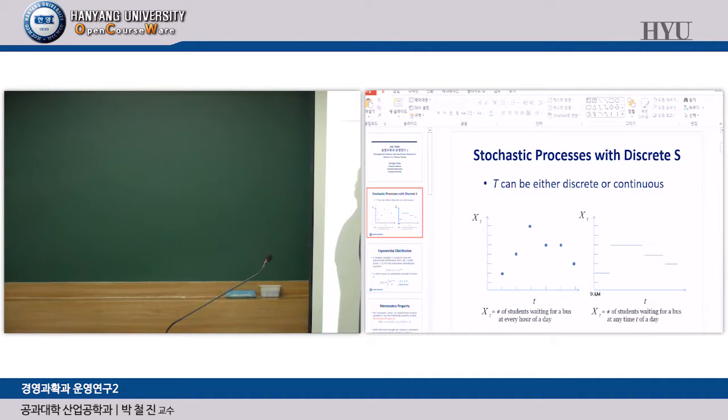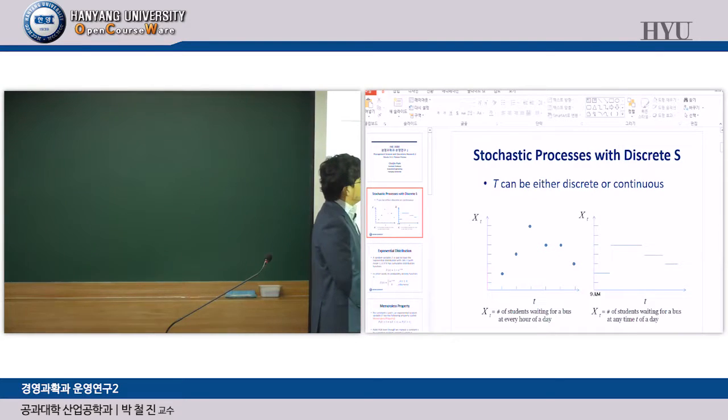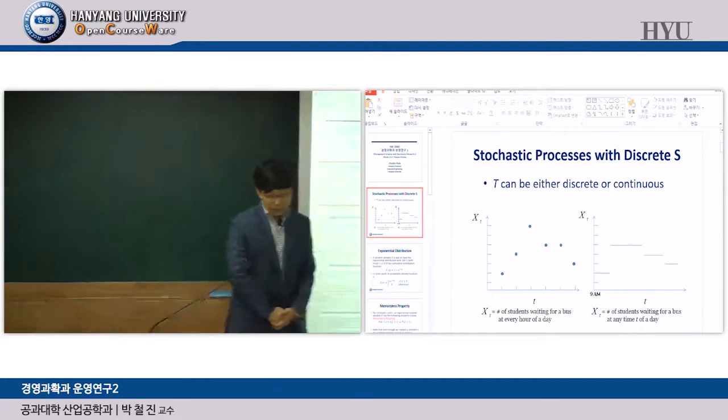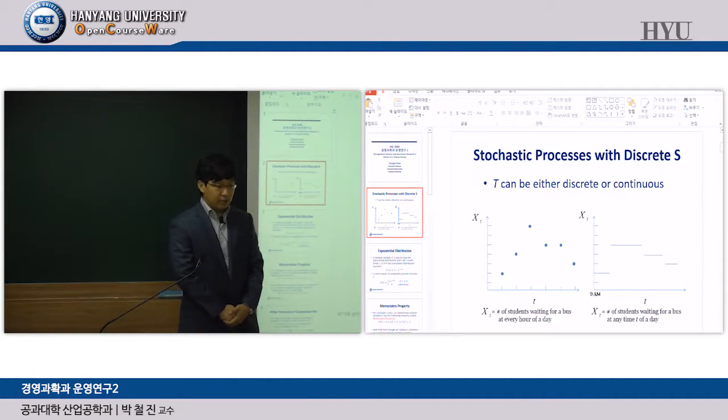graphs, and the left side is about the first example, a stochastic process defined on discretized time having a finite number of states. A representative example is the discrete time Markov chain we discussed earlier.